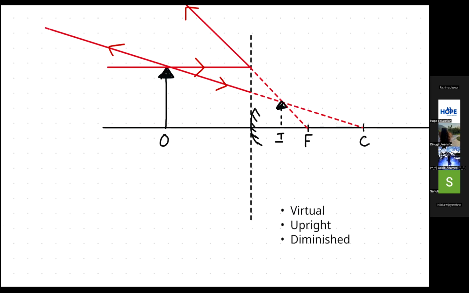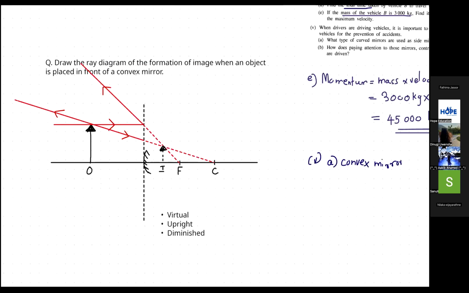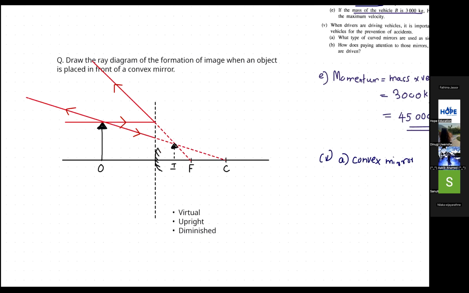Okay, so we revised convex mirrors a little. Convex mirrors are curved outwards. Therefore, a large object looks small in a convex mirror. Like in the phone camera, when you put 0.5x, the objects are seen small, but you can see a wider range.